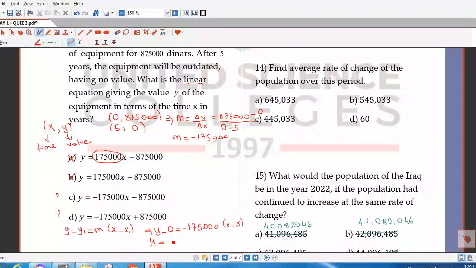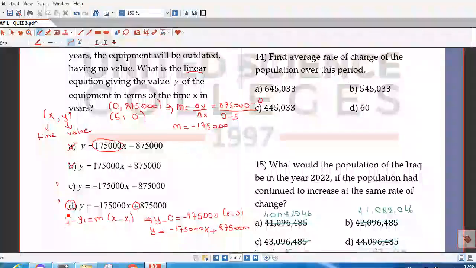If we perform the operation, negative 175,000 x, minus and minus gives plus, the product will be 875,000. So we need a plus sign between the two parts, so there is a plus sign between them. Answer is D.